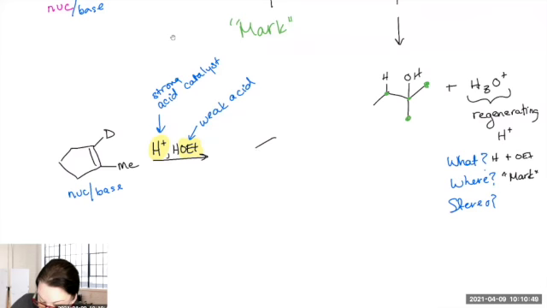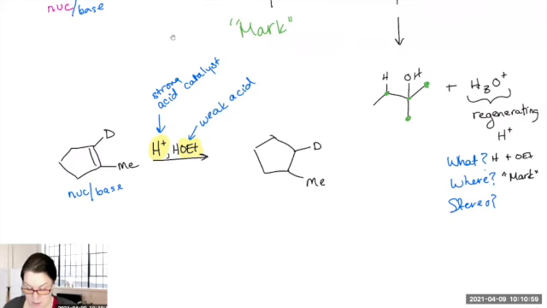So if we jump to drawing our product, we're going to draw in all the sigma bonds that were there before in our starting material and the new sigma bonds, which means we're going to make a new sigma bond at carbon 1 and a new sigma bond at carbon 2 after we break the pi bond. Which carbon is going to get the hydrogen? 1, good.